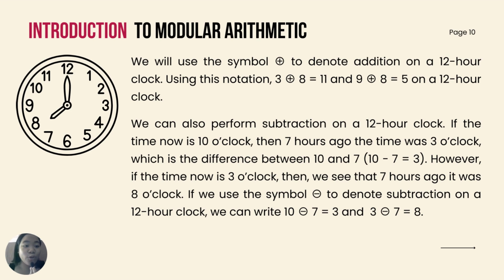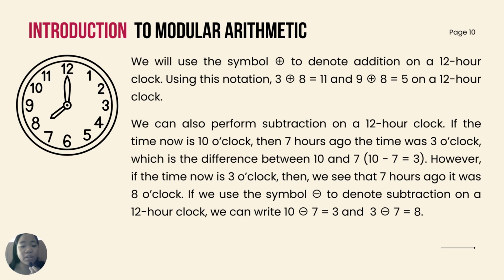Before, we moved the clock forward; now we move it backward, because hours ago means before. So the difference: 10 minus 7, we will get 3. It was 3 o'clock 7 hours ago. However, if the time now is 3 o'clock, then 7 hours ago, it was 8 o'clock.